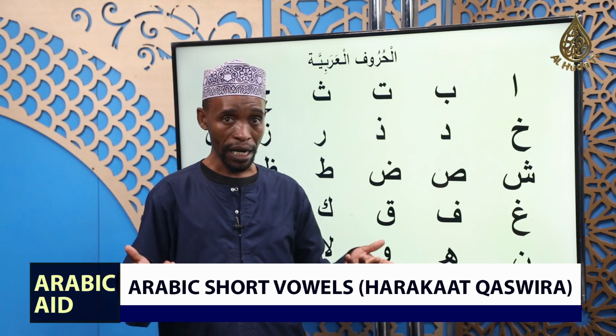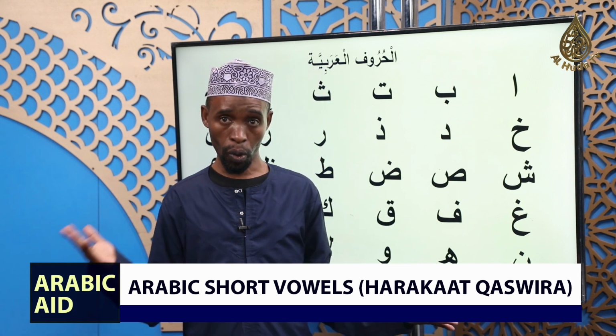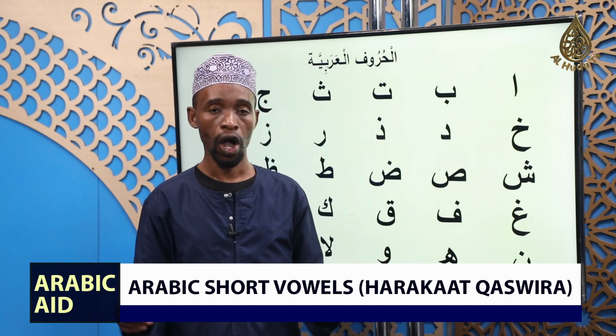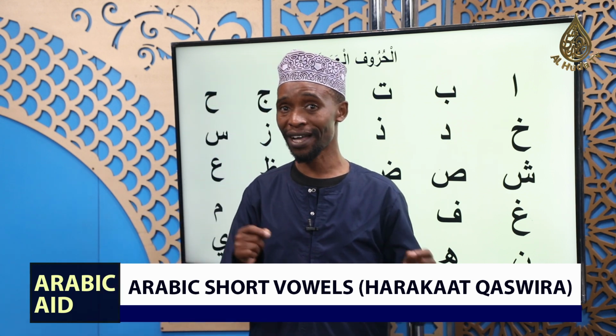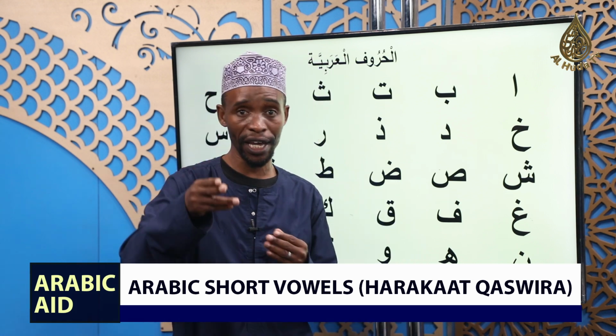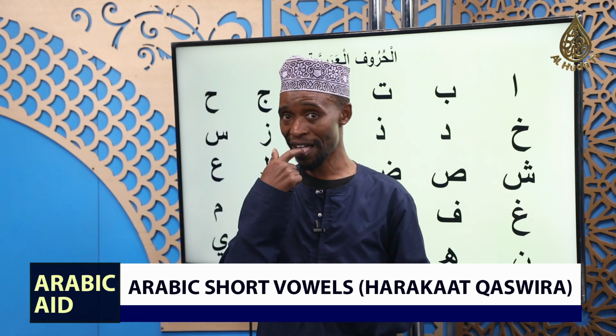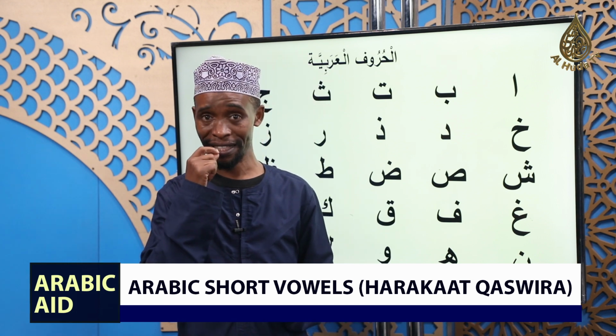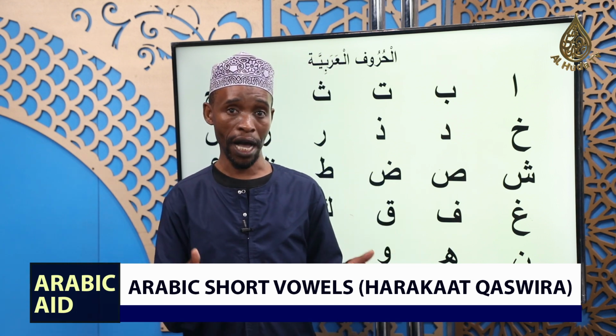All Arabic letters consist of consonant sounds except Alif, Waw, and Ya. Do you remember what consonants are? Consonants are speech sounds that are produced by obstructing or restricting airflow using the tongue, lips, teeth, or throat. For example, harf Ba.